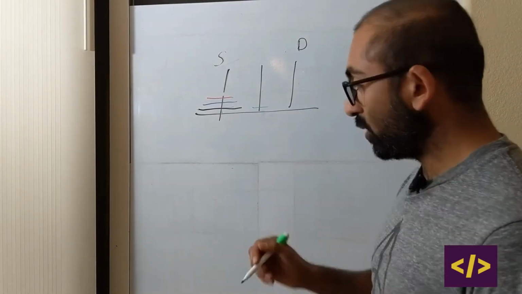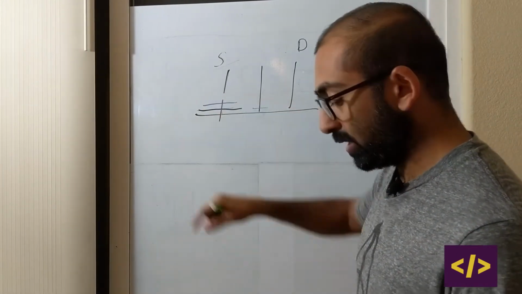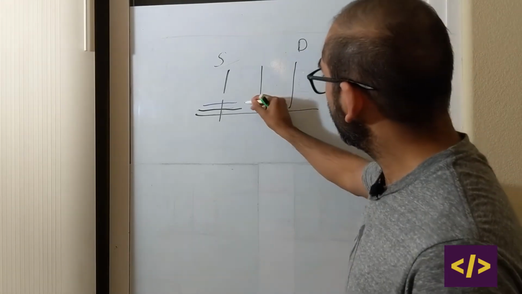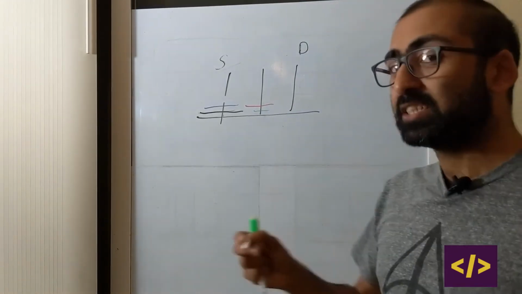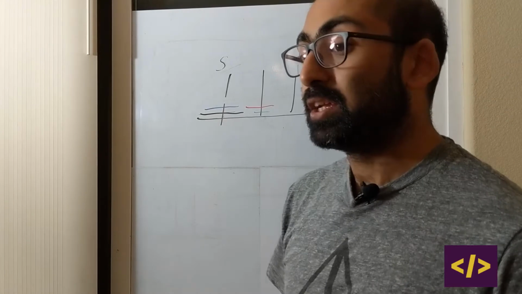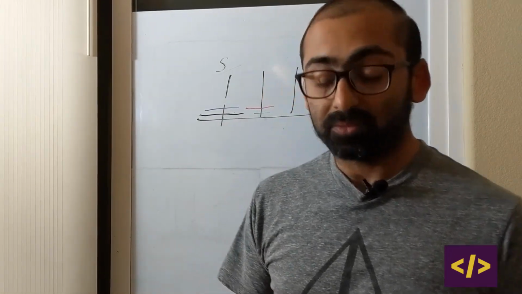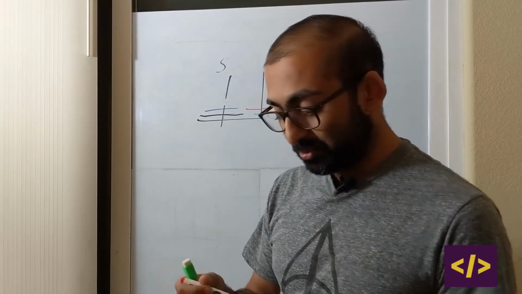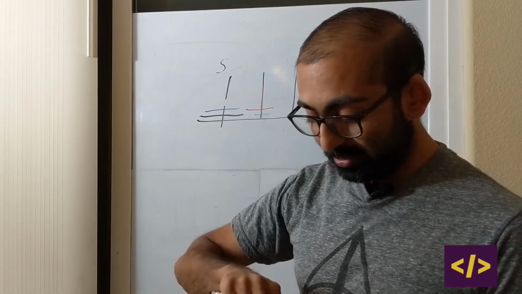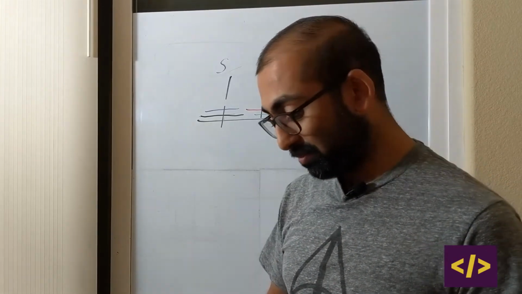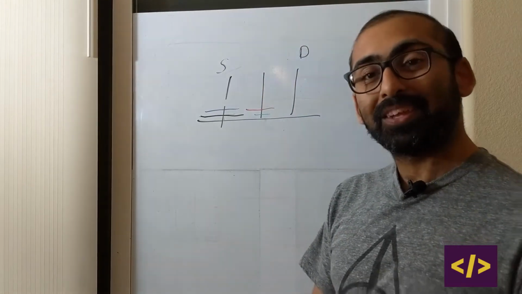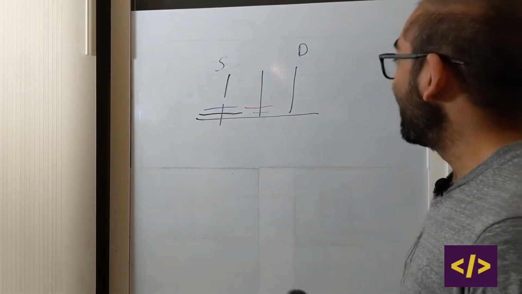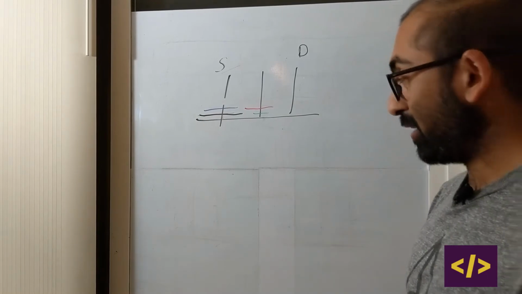You are not in any way allowed to put this one here. That violates everything, the whole basis of life goes for a toss. We don't want to break the balance, we want to keep the balance.